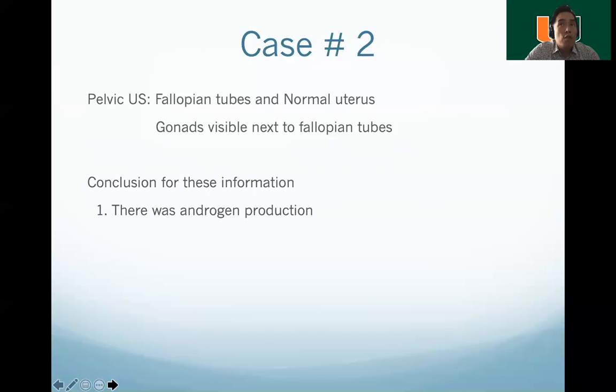There is androgen production, because there's fusion of labia and enlargement of the phallus. Those are signs of androgen. However, there was no AMH production, because the patient has fallopian tubes and a uterus.